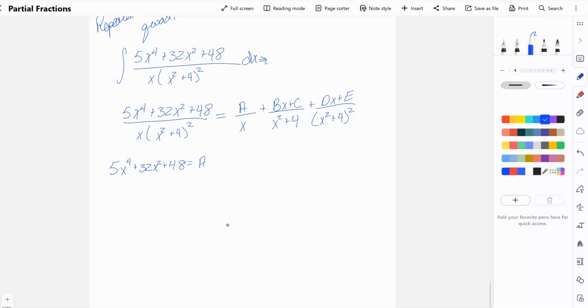So that first fraction is missing the x squared plus 4 quantity squared. This fraction is missing an x and an x squared plus 4. And then this fraction is missing just that x there.